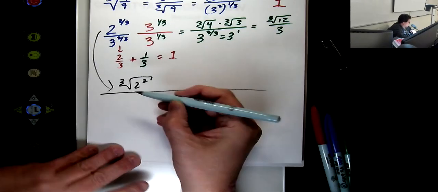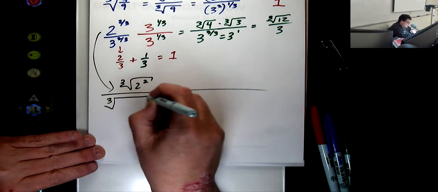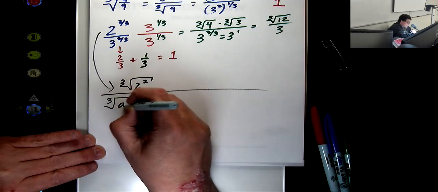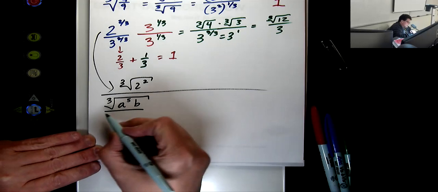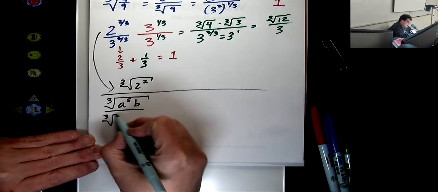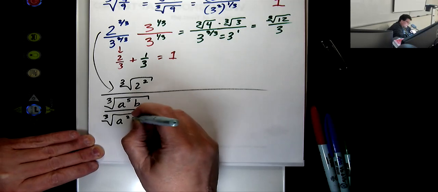All right, let's up our game. We're going to do the cube root of a to the 5th power b divided by the cube root of a squared b to the 5th power.